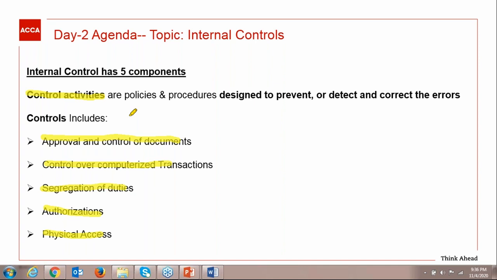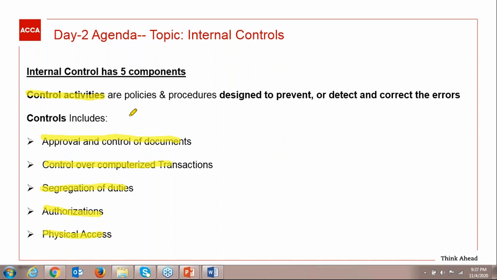If we remember, the control objective was to prevent unauthorized access. And what is the internal control? Place the security guard at the gate. And control activity helps us in achieving that objective.